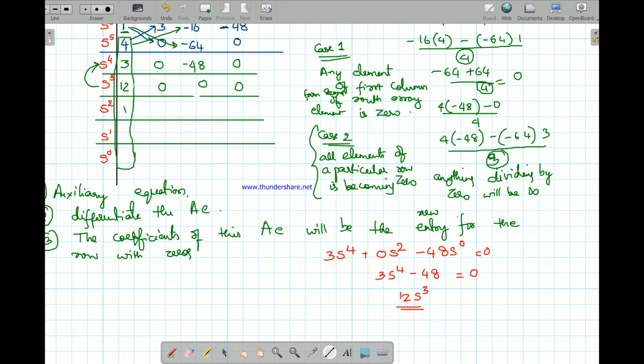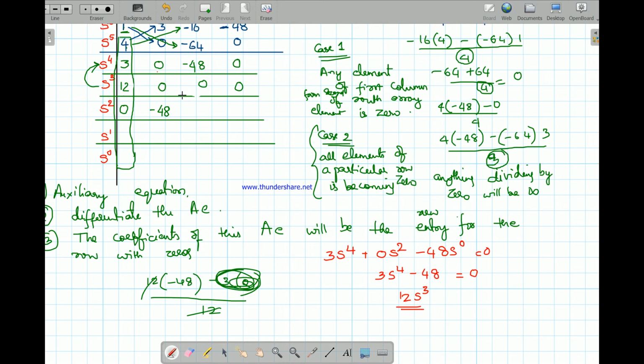The element here becomes 0, and the element here becomes 0. Whereas the element here is 12 into minus 48 minus 3 into 0 divided by 12. Here 3 into 0 is 0, 12 gets cancelled, so you are left with only minus 48.